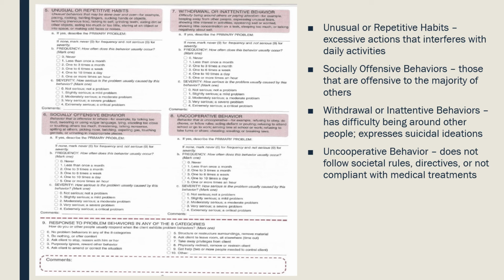And then you have your uncooperative behavior. So this is going to be not following societal rules, directives, not compliant with medical treatment, cheating, stealing, refusing to go to work, or refusing to attend school. So those would be considered your uncooperative behaviors.